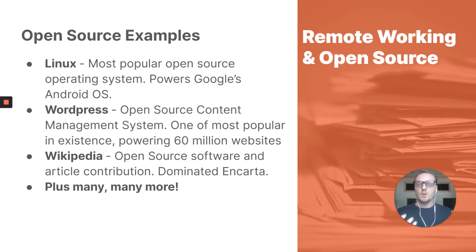Wikipedia is probably the most famous example. Wikipedia is open source software, but it's also applied that open source model to article contribution. Back in the 90s, there were two big projects going for the dominant position as the dominant encyclopedia. One was Microsoft's Encarta.